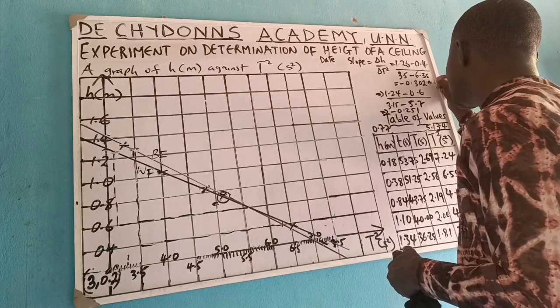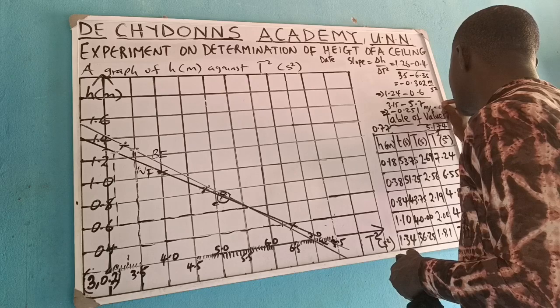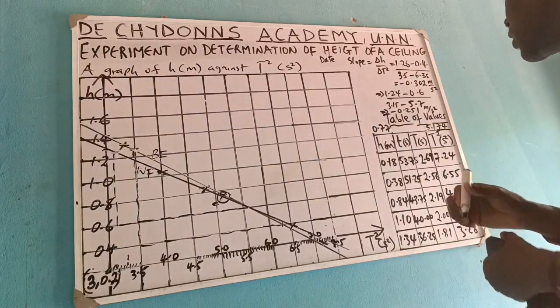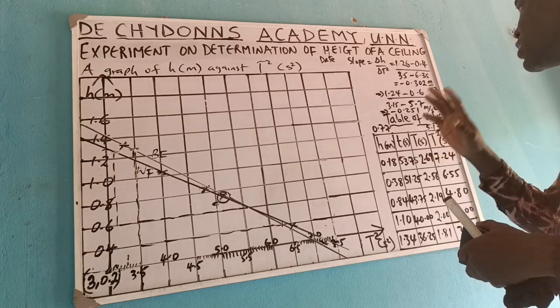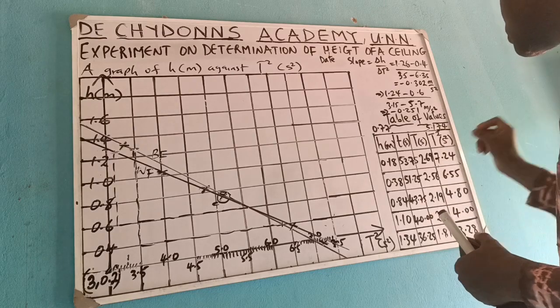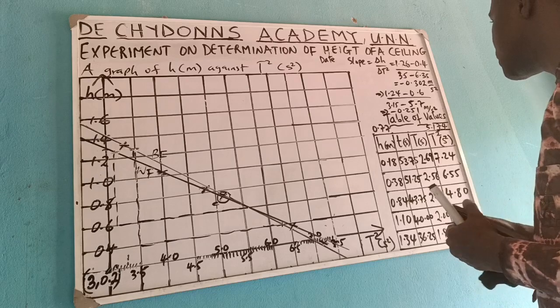What is the unit of this? Meter per second square. Remember that it must have its units. If you did not attach the unit, you will be subtracted some marks. Some marks can be subtracted from your result.